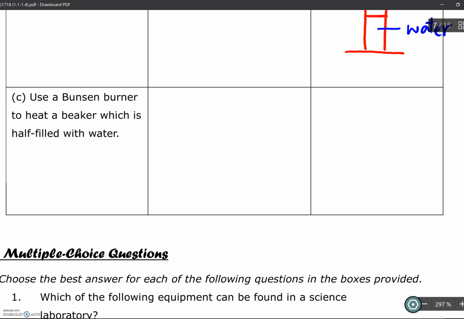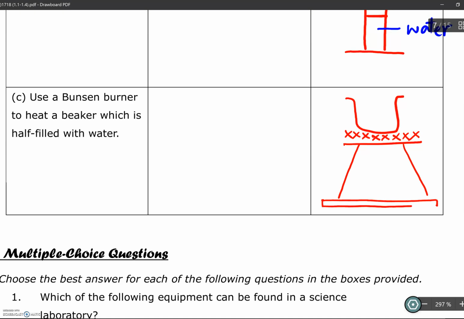Okay, the line is not straight enough. The wire gauze would be at the bottom of the beaker, and we will also have the tripod and the heat-proof mat, and finally we have the Bunsen burner that releases the heat from the bottom to the top, and this water should be half filled.